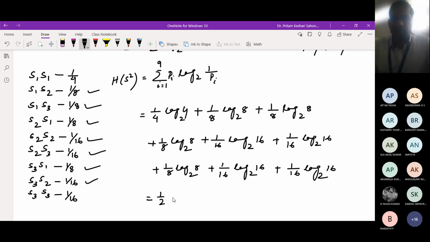So here 1 by 2 will come. And here it is 2 to the power 3, so 3 will be multiplied here, and it will be 3 by 8. Again 3 by 8, and this one, 2 to the power 3, again 3 by 8. Here it is 2 to the power 4, so 4 will come. 4 by 16 is what? 1 by 4. The next one is also 1 by 4.